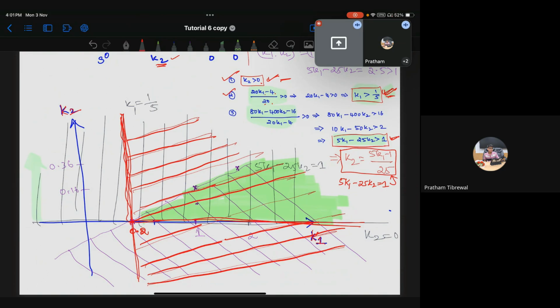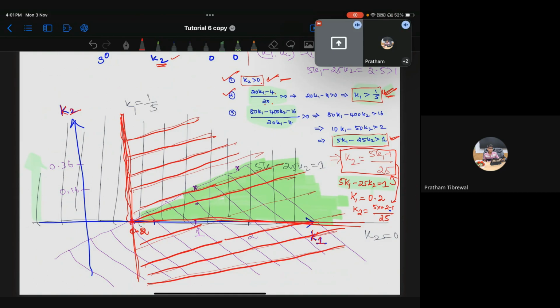Now you see this equation, 5k1 minus 25k2 equal to 1. What is this? It is a straight line equation. If you take k1 equal to 0.2, what do you get for k2?